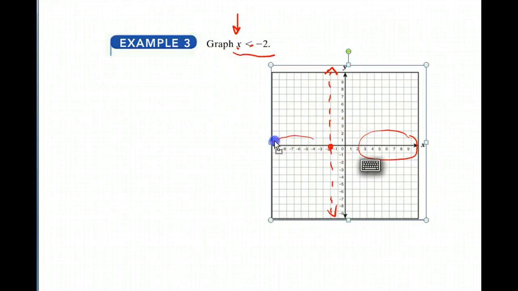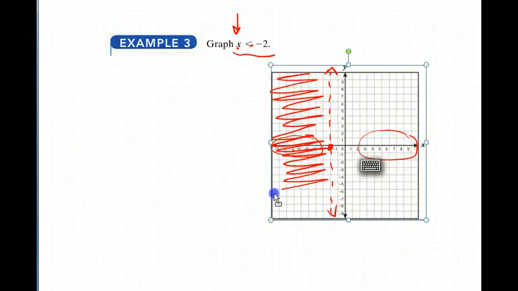If you look at these numbers, -9, -7, -4, they are all smaller than -2. So that tells us that we should shade on the left side of our line. So any number that falls on the left-hand side of that dashed line is going to be a solution to that inequality.